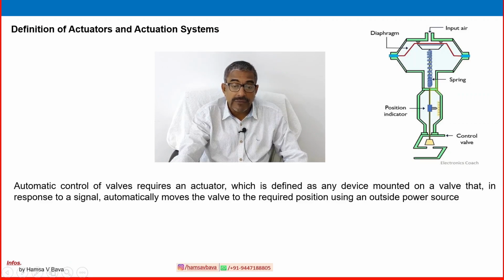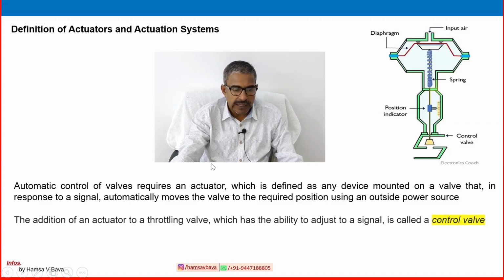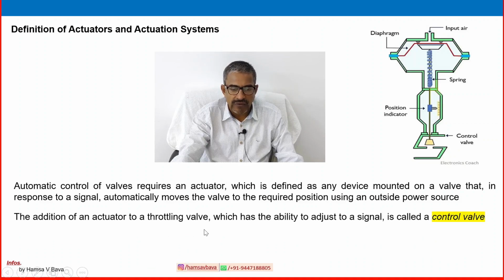So in that, where is the signal coming from? The control valve is receiving a signal from the controller. So in response to a signal it automatically moves the valve to the required position using an outside power source. Addition of an actuator to a throttling valve, which has the ability to adjust to the signal, is called a control valve. So this is a control valve.